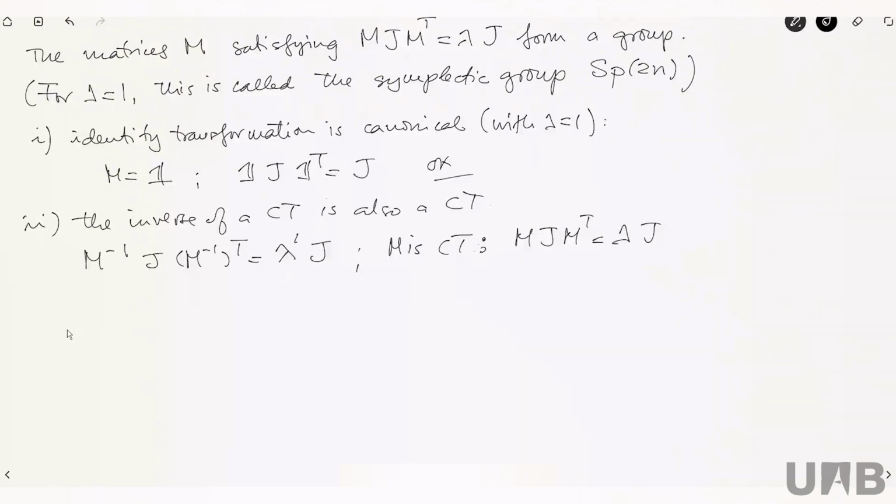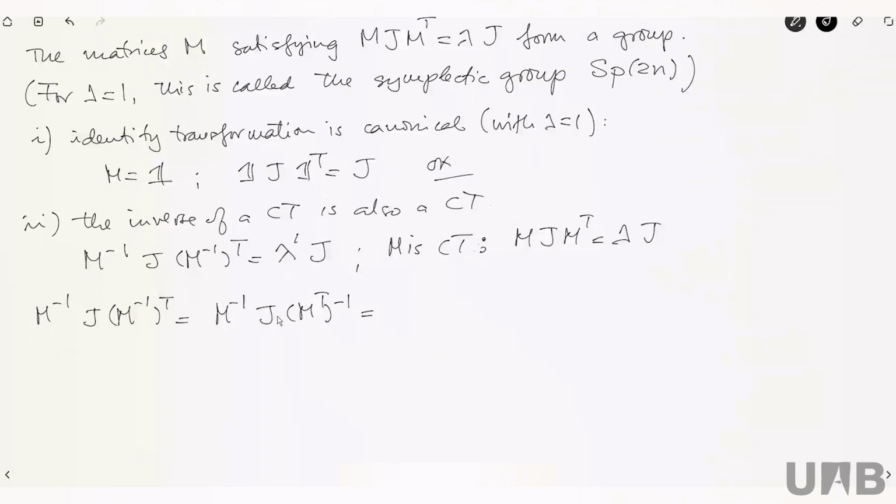All we do is write M minus 1 J M minus 1 transpose, and we write this thing like this. So M minus 1 is M minus 1, J is J, and this is the same as M transpose minus 1, obviously. Minus 1 and transpose commute. So now I can put J minus 1.